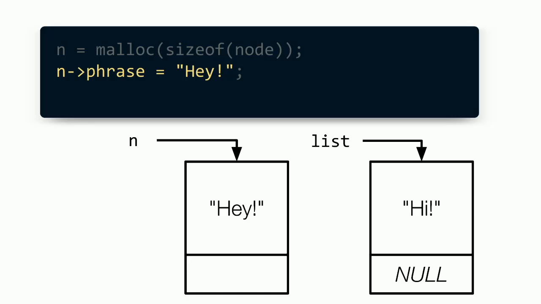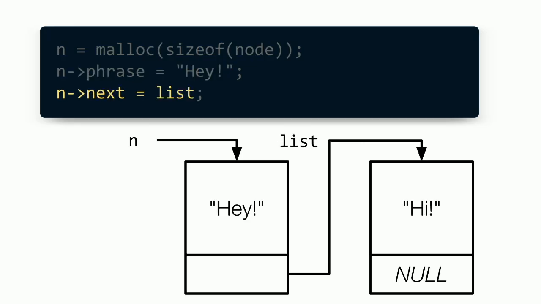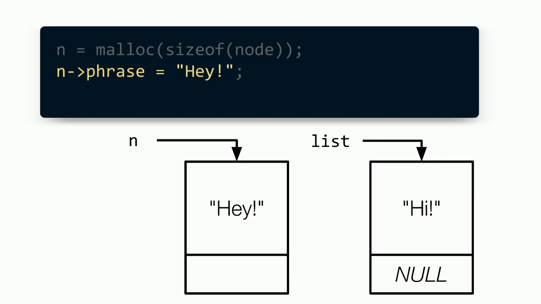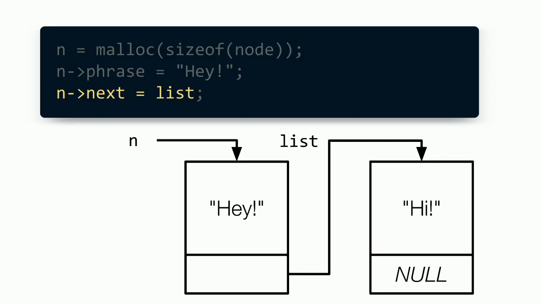We're going to set next to where the list is pointing. Recall that before, list pointed to where our first node was located. So now we want to grab our new node and point next to where the list was pointing previously, creating this connection between the two.